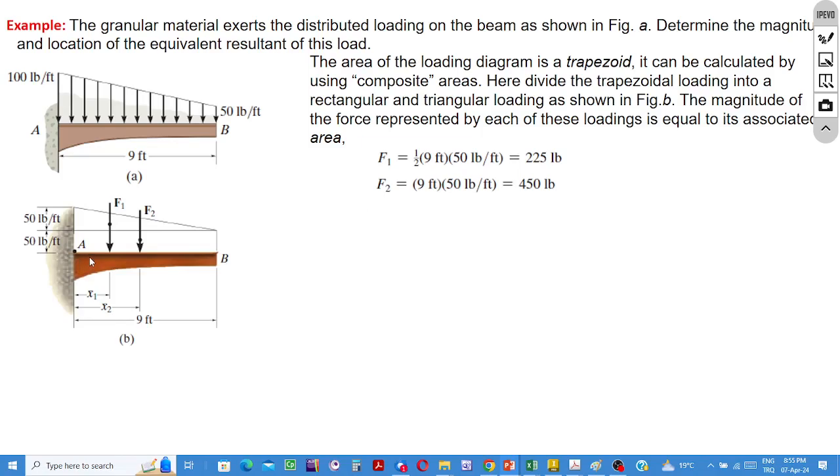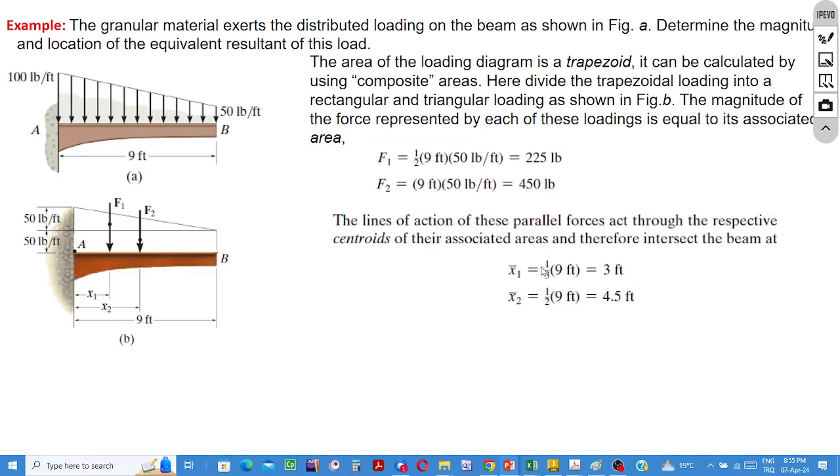F2 is the force that corresponds to the resultant of the distributed load for the rectangular part of the area. It is 450 pounds. And the coordinates for the line of action of F1 and F2 are over there.